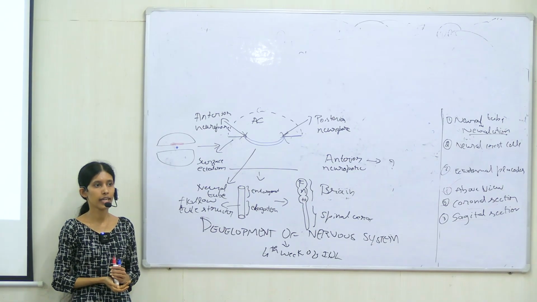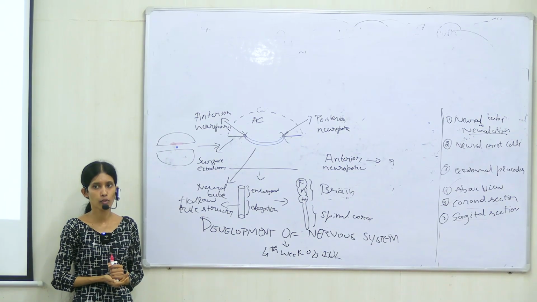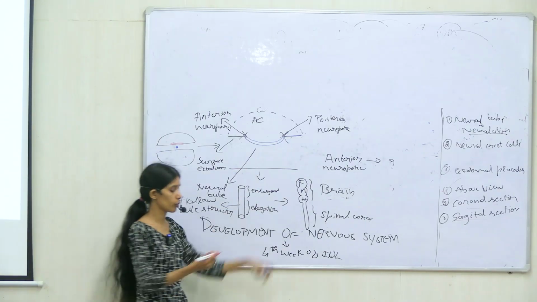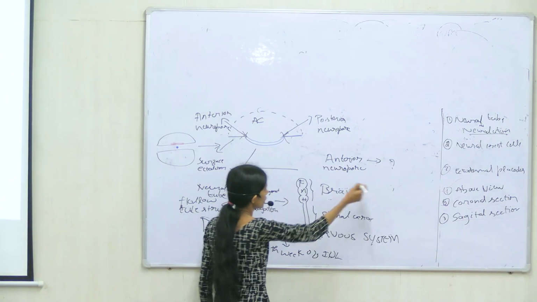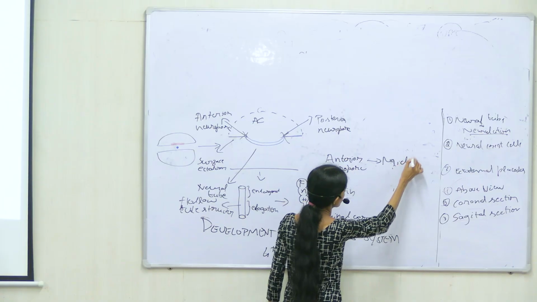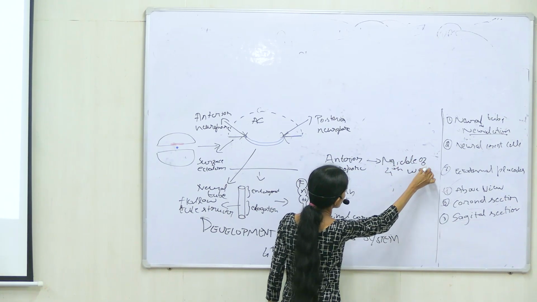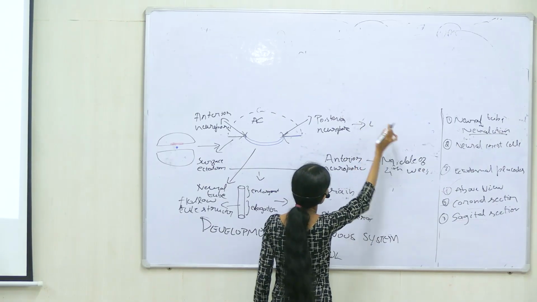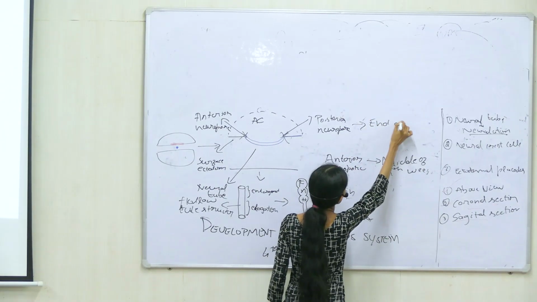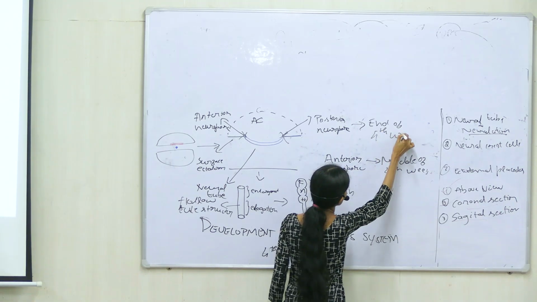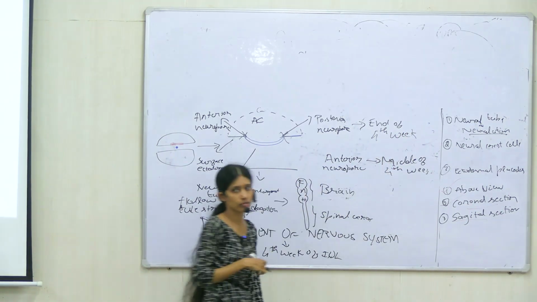Okay. So the anterior neuropore will close by the middle of the 4th week. Find out the somite levels in the 4th week, and the posterior neuropore will close by the end of the 4th week. Okay.